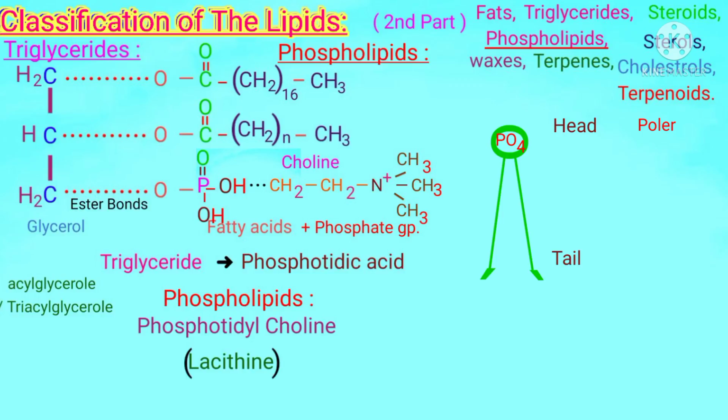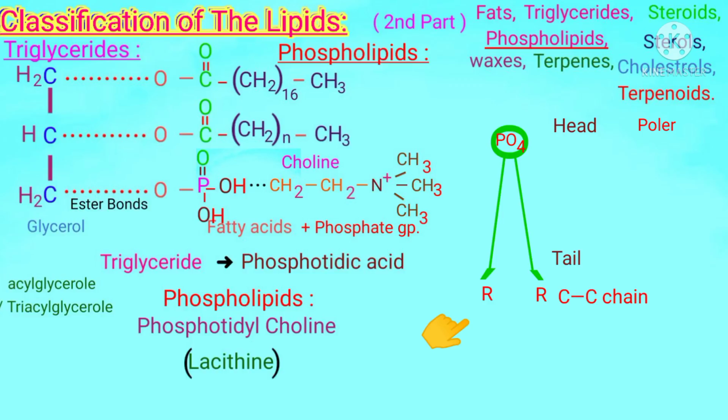Next, students, fatty acid chains are long hydrocarbon side chains. These two long chains of hydrocarbons are shown by the tail. So these two legs are the R side chains of fatty acids. All numbers of carbons, like 4, 6, 12, 20, are represented by this tail.